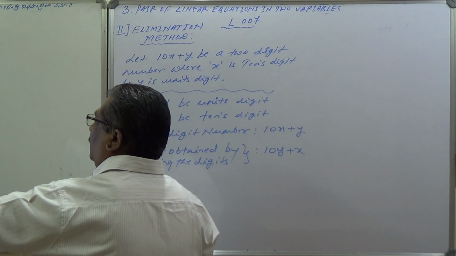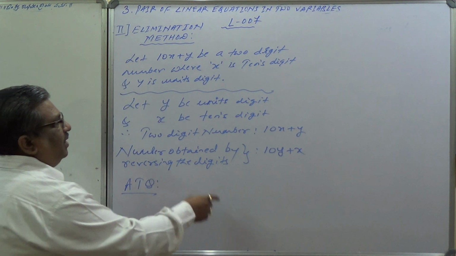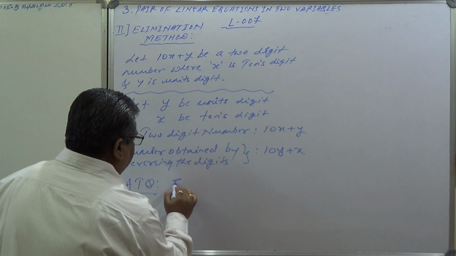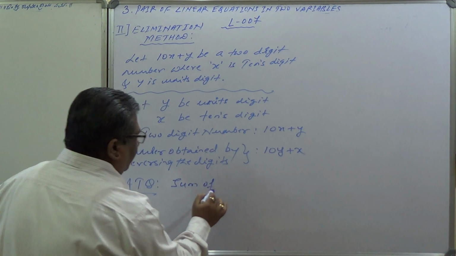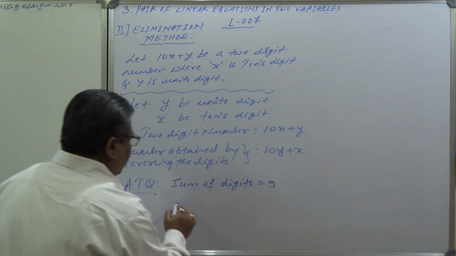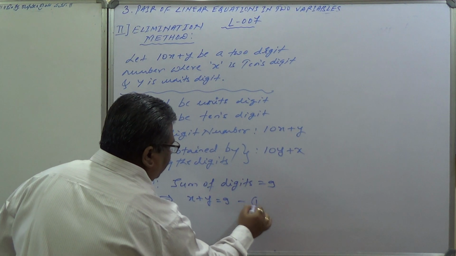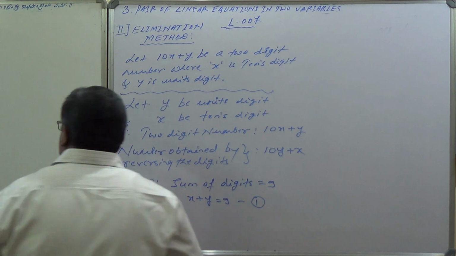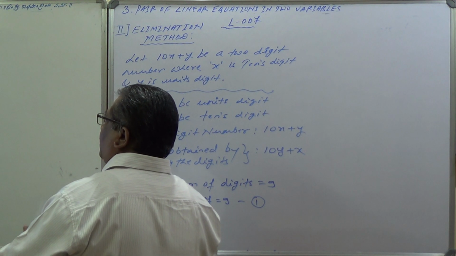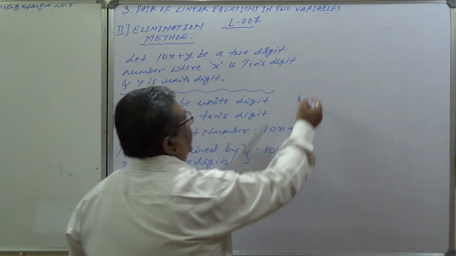The sum of the digits of a two-digit number is 9. Which are the digits over here? X and y are the digits. The sum is equal to 9. Sum of digits equals 9 implies x plus y equals 9. This is equation number 1. Then he says 9 times the number equals twice the number obtained by reversing the digits. That statement I write over here.